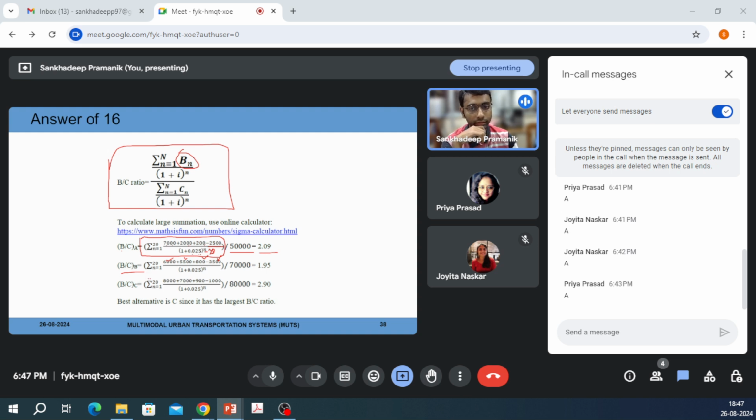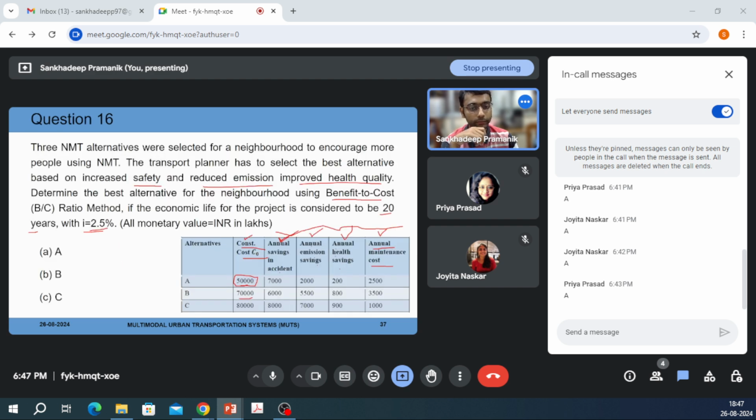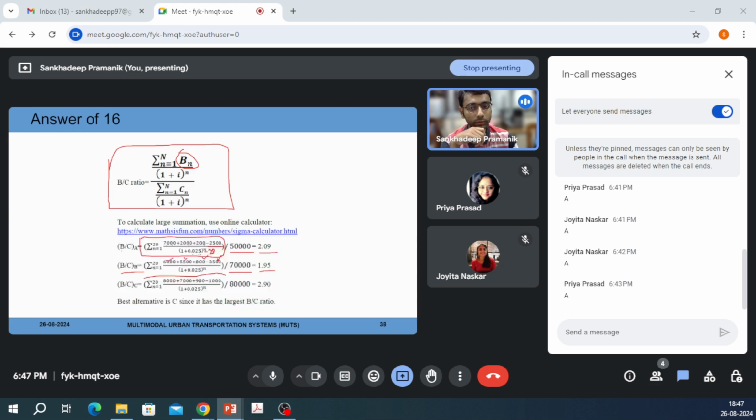Here 70,000 is the total cost, so the benefit cost ratio will be 1.95, and for the third option it will be 2.90.